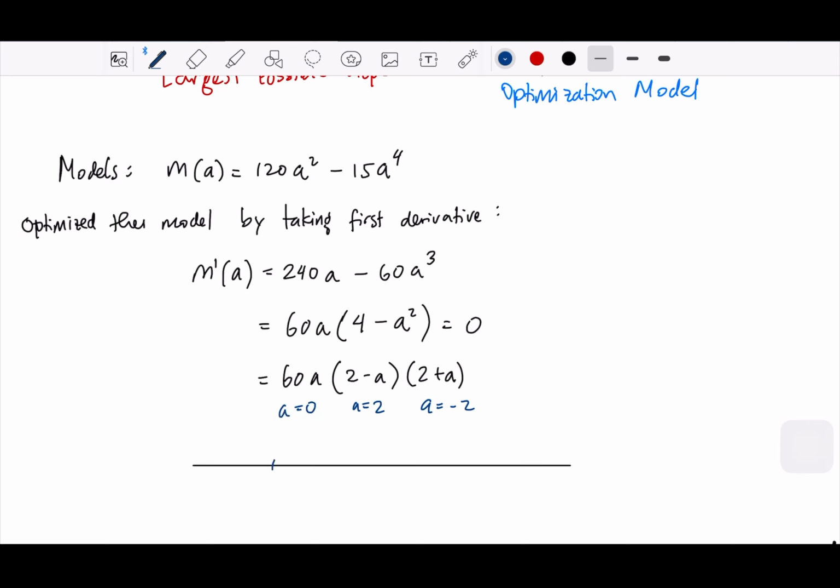So -2 is here, 0 is here, and 2 is here, right? When a is -3, it's minus, so it becomes positive. Let me write here positive.